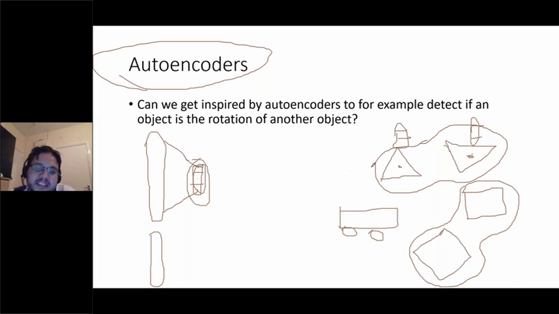The same goes, for example, for signatures. Signatures have a lot of variation, and even your own signature is always a little bit different. So we can encode the signature in a vector in a way that the same signature will be encoded the same, whether rotated a little bit or slightly different.